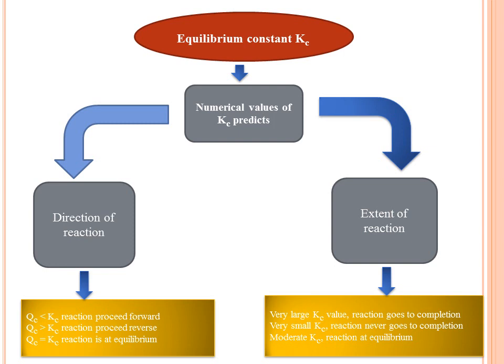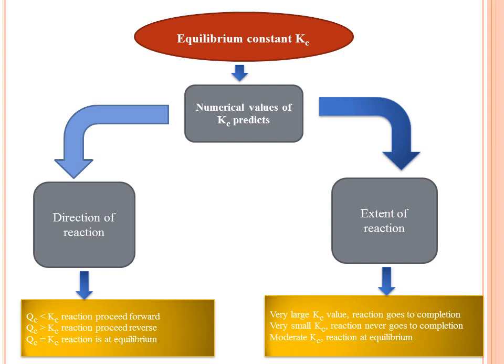In a similar way, we can find out the direction of a reaction. If the quotient value is smaller than Kc, the reaction proceeds forward. If the quotient value is greater than Kc, the reaction proceeds in the reverse direction.